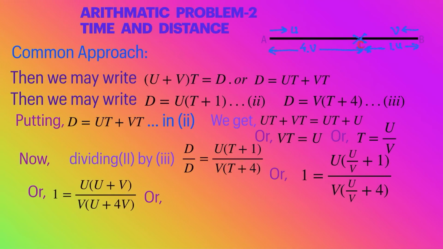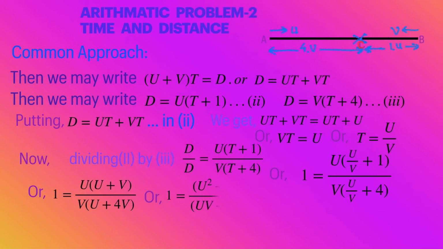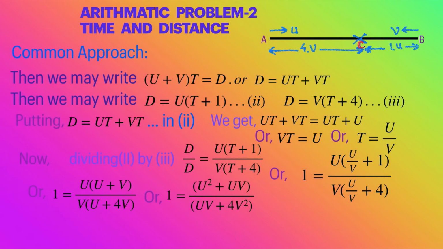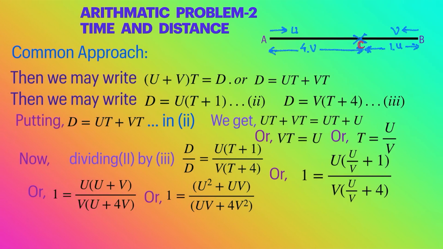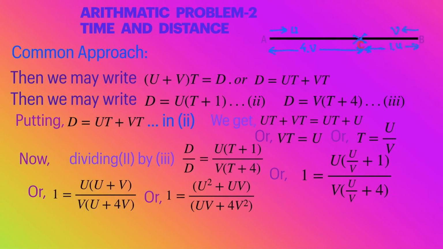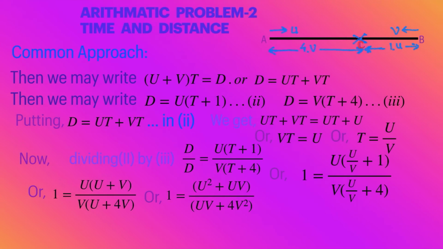Then by multiplication, in the numerator we get u square plus uv, and in the denominator, multiplying by v, we get uv plus 4v square.